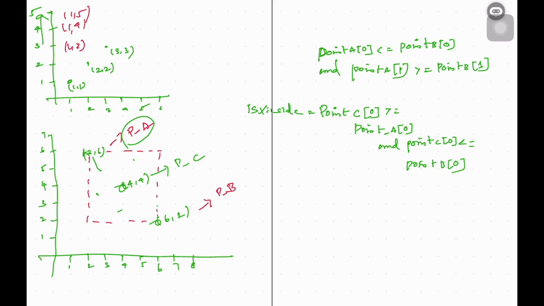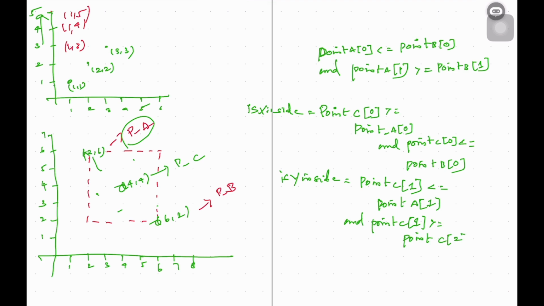Now we'll be checking, is y also inside? So which means what: point C of 1 is less than or equal to point A of 1 and point C of 1 is greater than or equal to point B of 1.